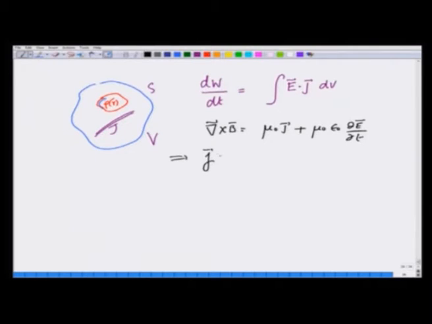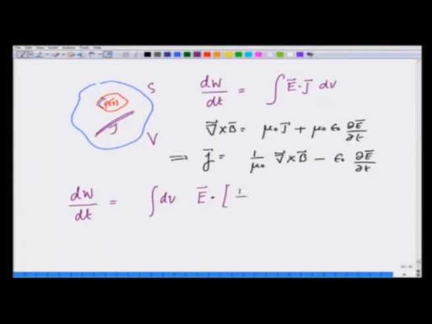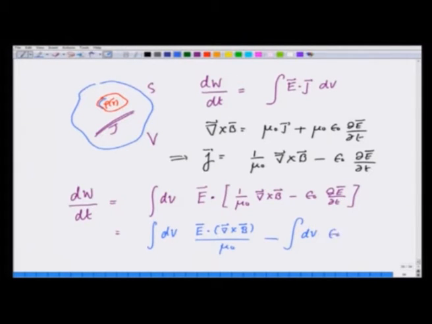This gives J is equal to 1 over mu 0 times curl of B minus epsilon 0 dE by dt, and therefore, I can write dW by dt is equal to the integral over this volume dV of E dotted with 1 over mu 0 curl of B minus epsilon 0 dE by dt, which can be written as the integral dV of E dot curl of B over mu 0 minus the integral over the volume dV of epsilon 0 E dotted with dE by dt.